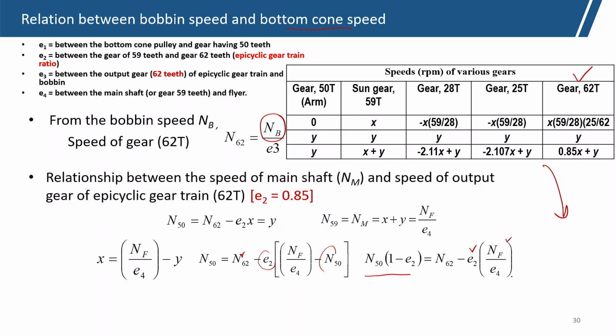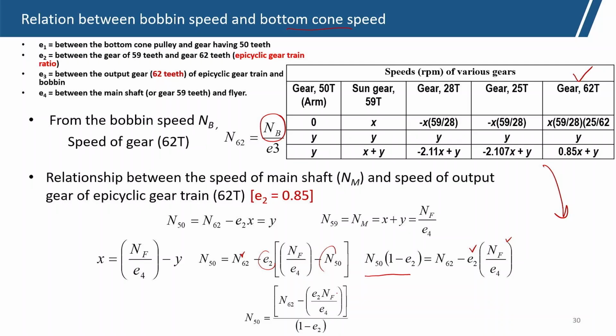So, what we are getting? We are getting in terms of gear ratio. Now, N50 we can write, N50 will be N62 minus E2 by E4 multiplied NF divided by 1 minus E2.